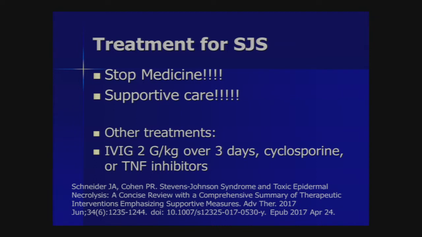Again, studies show, yes, sometimes it works, sometimes it doesn't. Newer studies are showing that maybe cyclosporin will help, or TNF-alpha inhibitors. And that's, again, because Stevens-Johnson is an immune-mediated complex. It attacks your Fas ligand receptors, which activates the TNF-alpha chain. So that's why they think the TNF-alpha inhibitors work. But again, there's not enough data out there if it works or not.